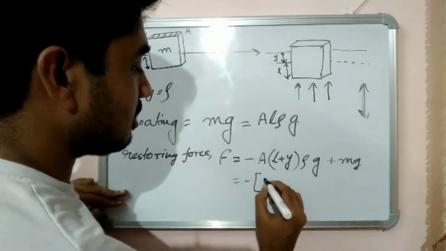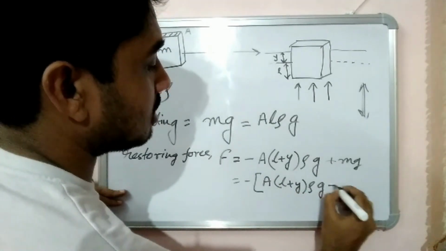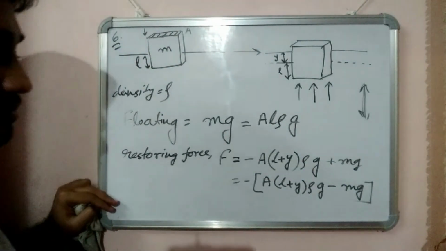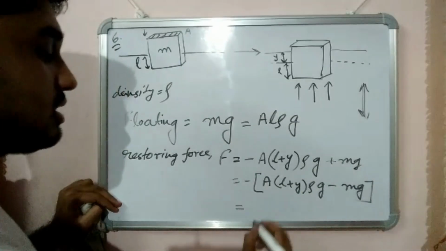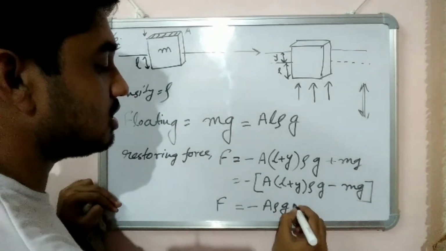So if we take minus outside rho g, and by simplifying this, we can easily get F is equal to minus A rho g y.